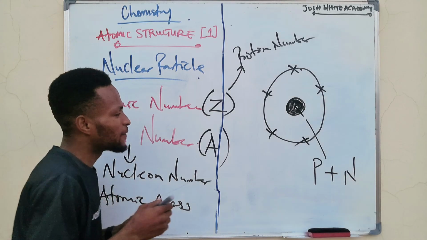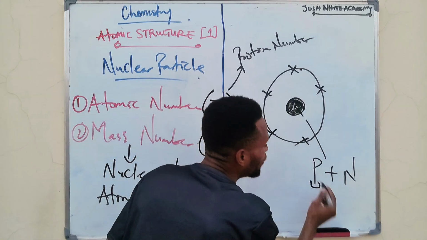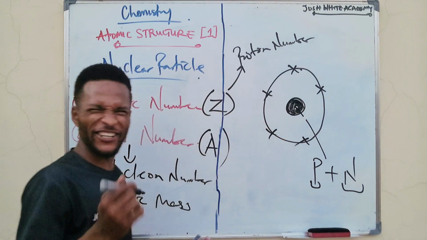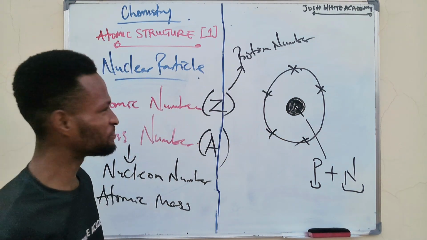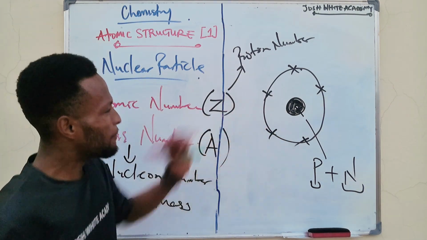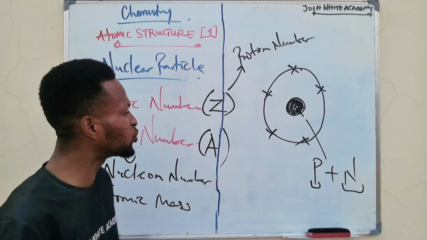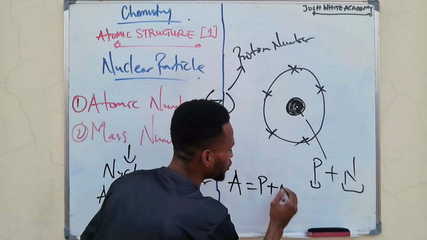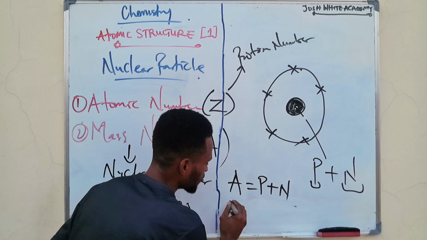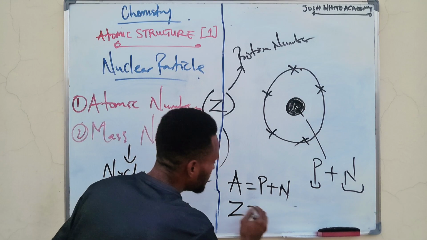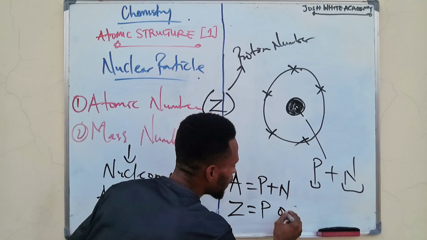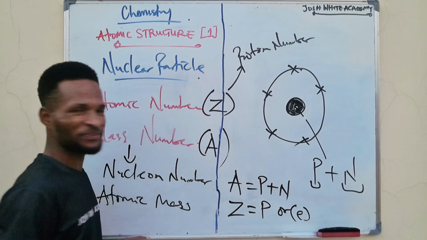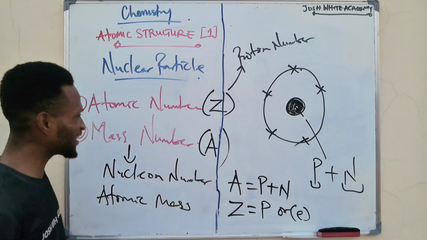So it is the sum of the protons and neutrons in the nucleus of an atom. So mass number is equal to proton plus neutron, whereas atomic number is equal to proton or electron in a neutral atom.